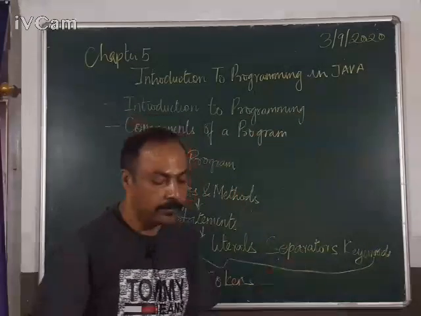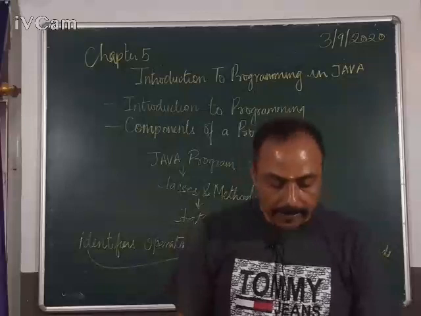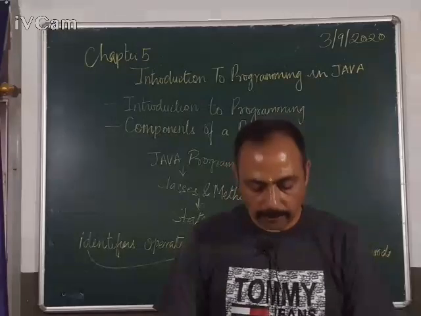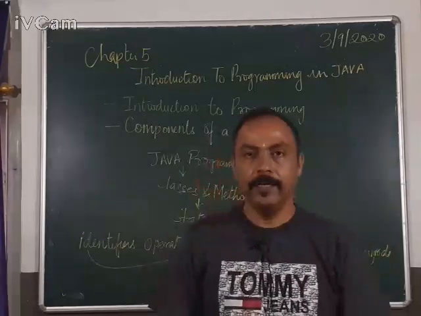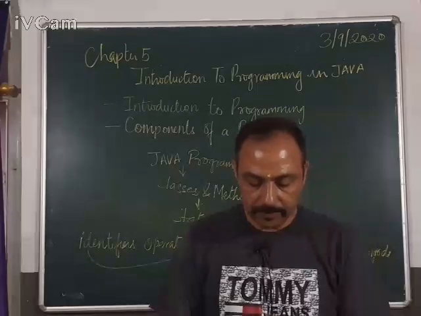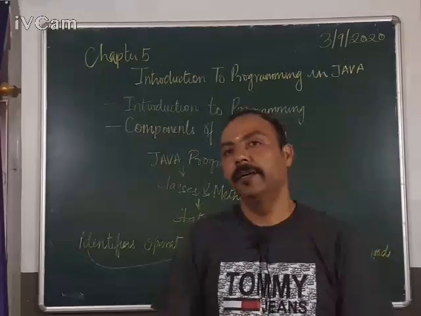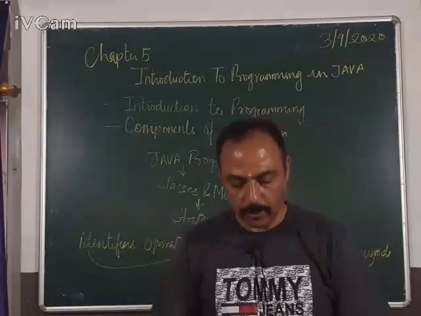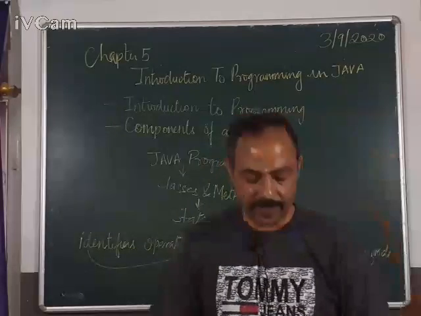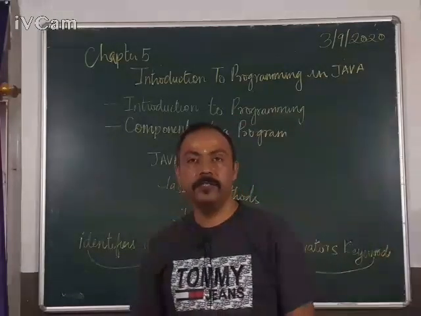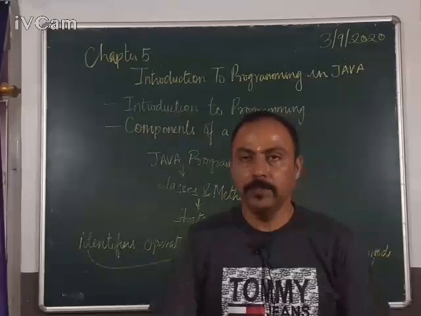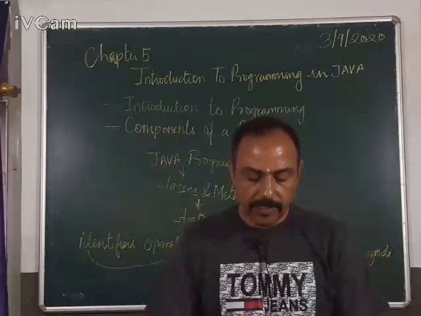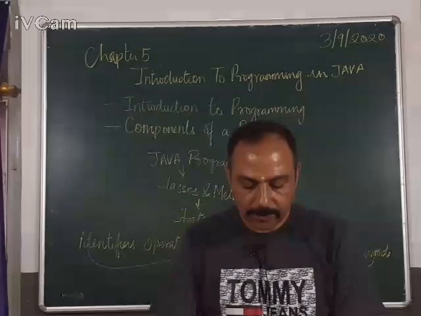Now let us discuss the identifier. Identifiers are the symbolic names given by the programmer to the different components of the program, like classes, methods, variables and arrays. When we give names to the class, method or variables, these are termed identifiers. It helps to identify. Operators are special symbols to perform specific mathematical, relational and logical operations in an expression or a statement.